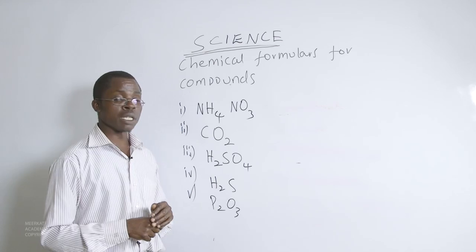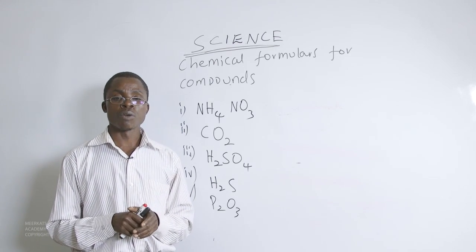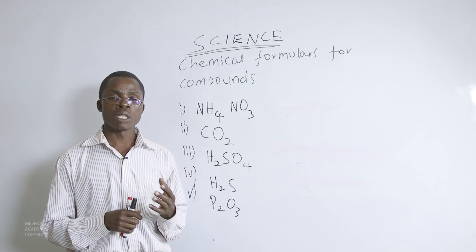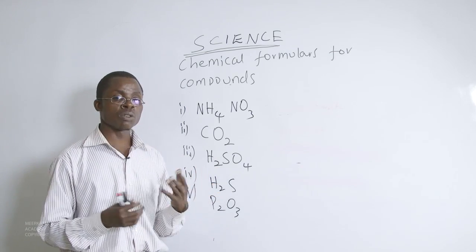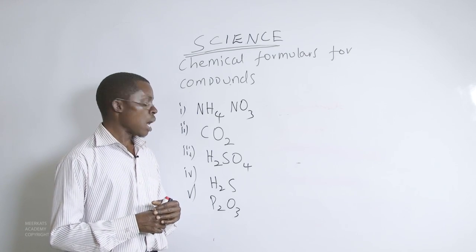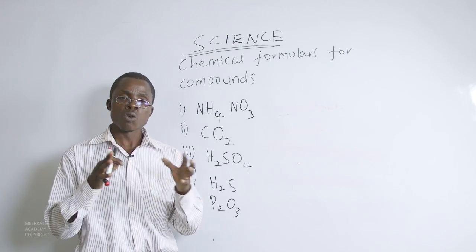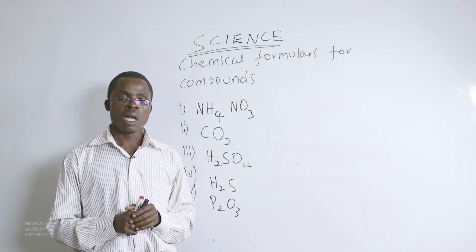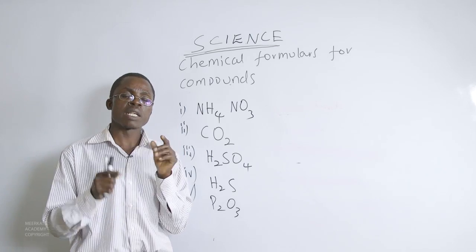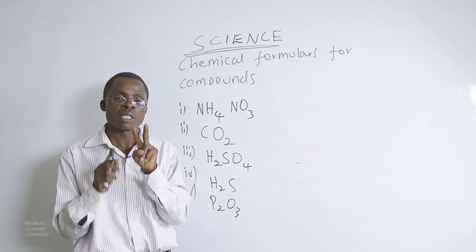Now in naming these, you still follow the first rule, the rule we did in the first exercise, where we said that where we have only 2 elements present, and if they are not elements, then 2 radicals present, and if they are not both radicals, the 1 element and the radical. So we still have just 2.